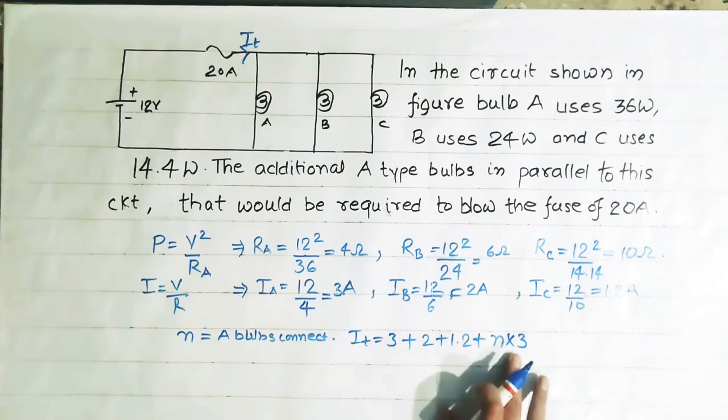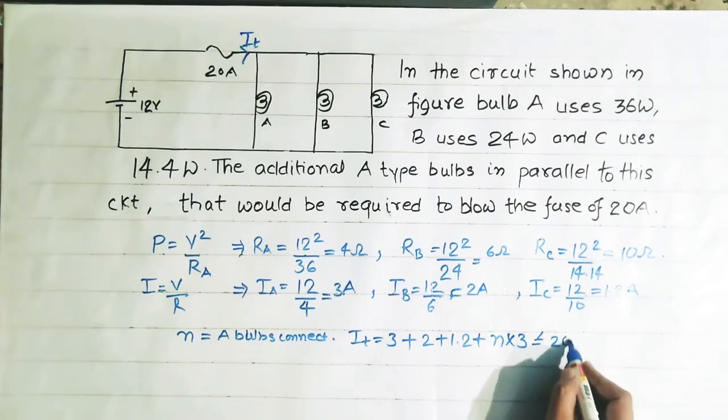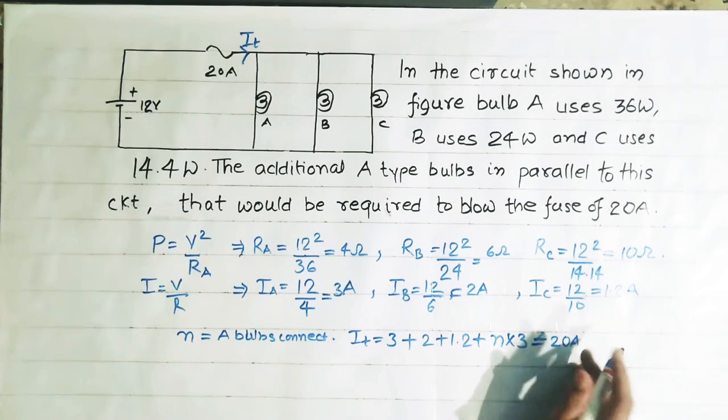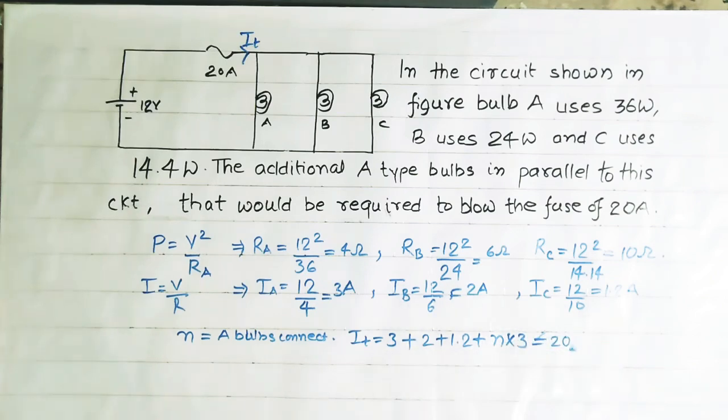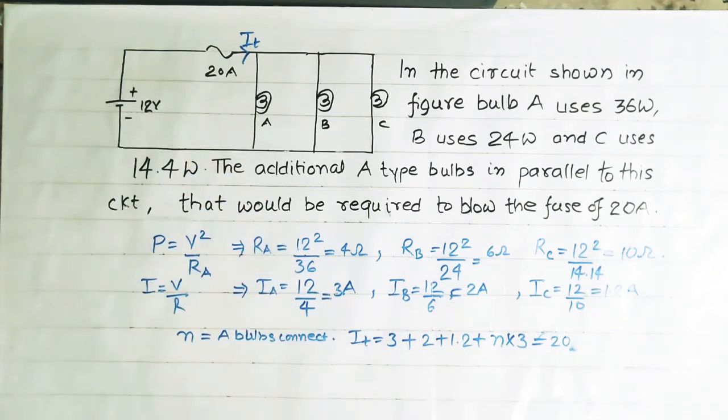Now this total current must be less than equals to 20 ampere. Okay, so to find the limit, this current must be equals to 20 ampere. If the current exceeds 20 ampere, then this fuse gets blown off. So limit is 20 ampere. So what is the value of n? 3n is equals to 20 minus 6.2.